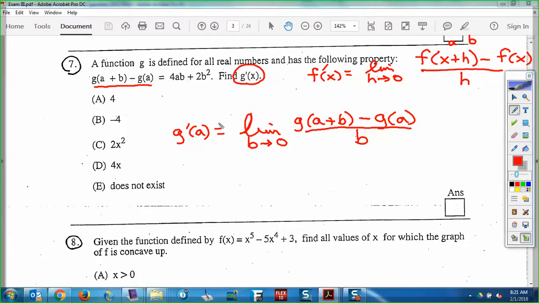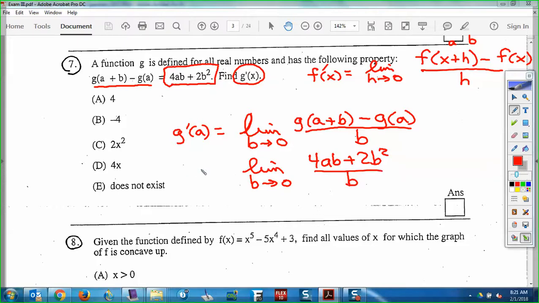So then you start looking at this and you say, well, I could replace this up on top. If G of A plus B minus G of A is equal to this, I can just substitute that up top. So now I get limit as B approaches 0 of 4AB plus 2B squared over B.